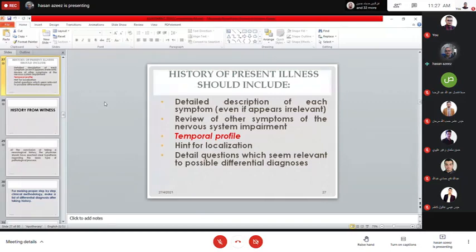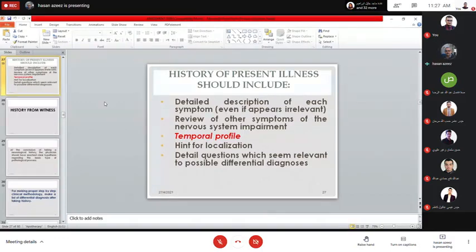If we raise in mind a differential diagnosis, we should ask detailed questions relevant to the possible differential diagnosis.